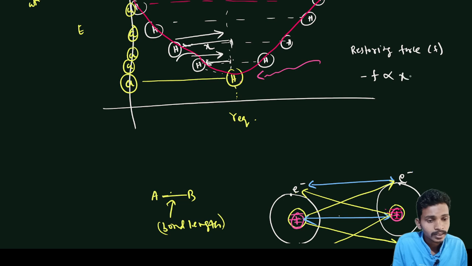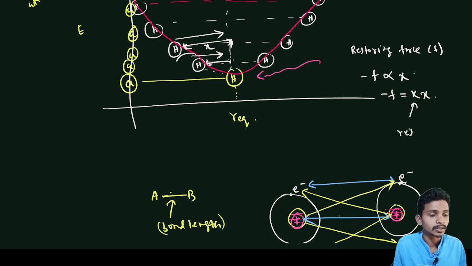Let's say this X distance from R equilibrium to this distance is called X distance. Whenever we remove the proportionality sign, we have to put one constant. So I will put one constant, that is K. This K is the restoring force constant, and this is equal to minus Kx.